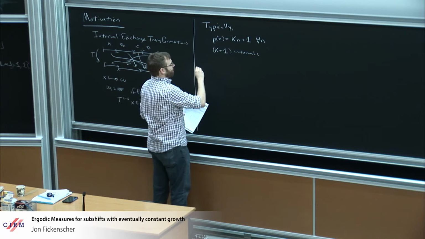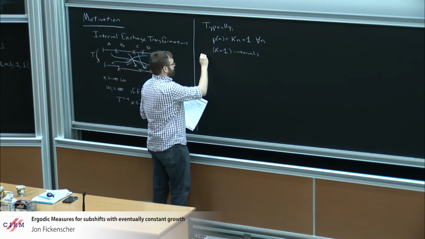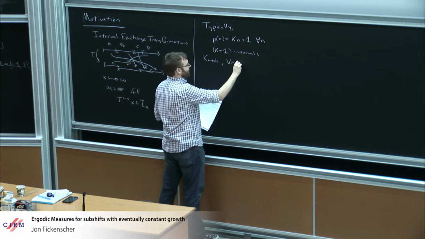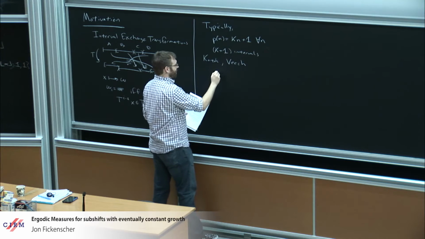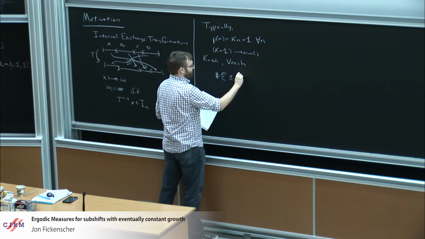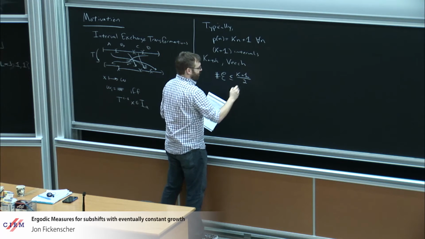And moreover, in this situation, it was shown independently by Katok and a period later by Veech that the number of ergodic measures for interval exchanges is bounded from above by (k plus 1) over 2, the number of intervals divided by 2.